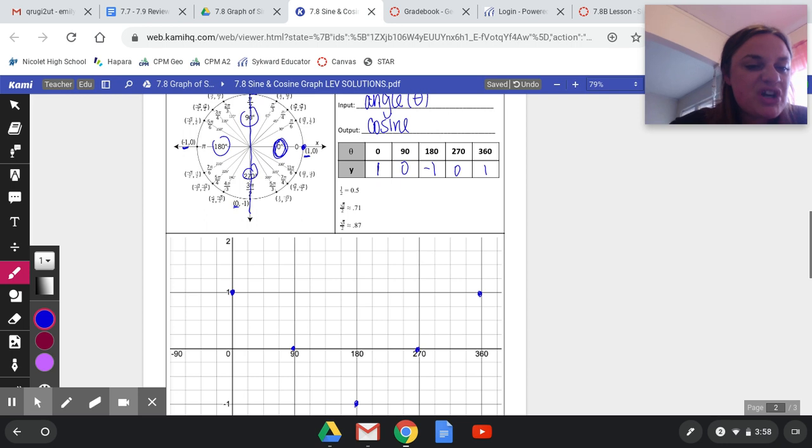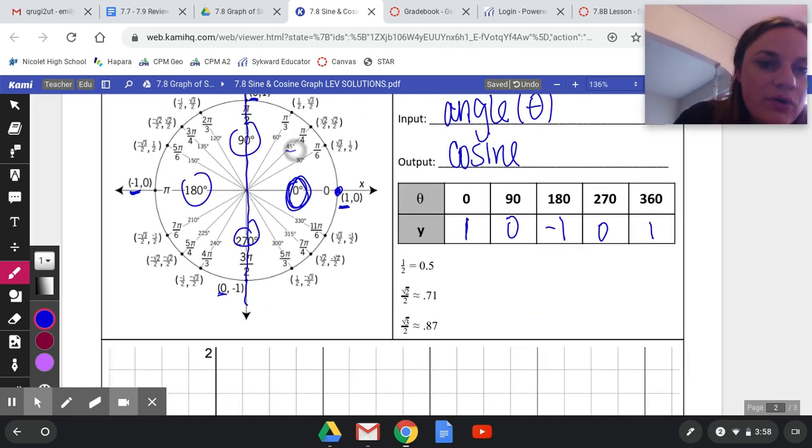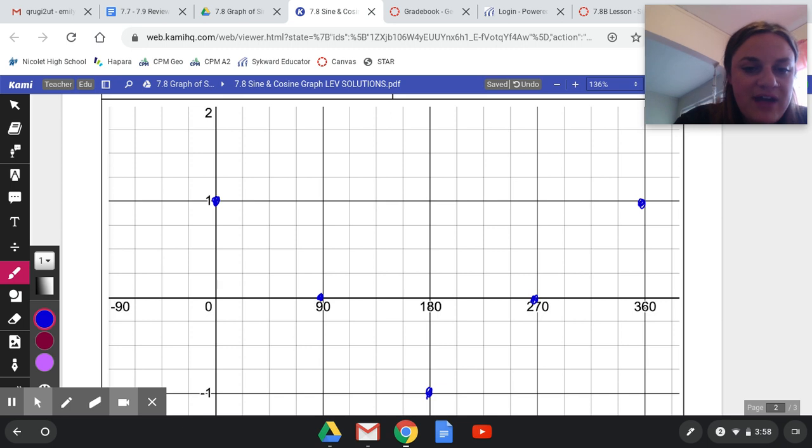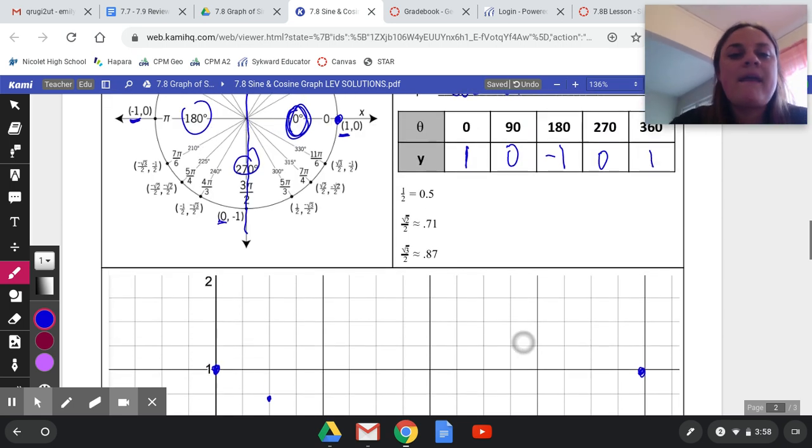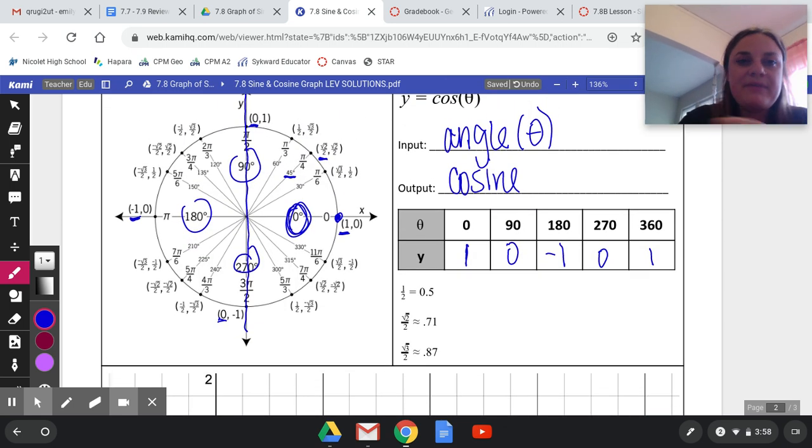All right, so now I'm going to put in the halfway points, 45, 135, just to get a better look at my graph. At 45 degrees, on my unit circle, my x-coordinate is √2/2, that 0.71. So 45 is halfway between 0 and 90. At 135 degrees, halfway between 90 and 180, my x value is -√2/2.